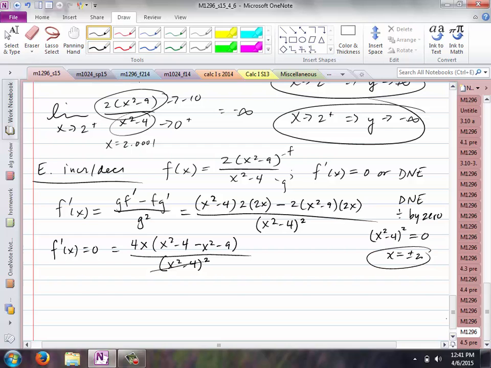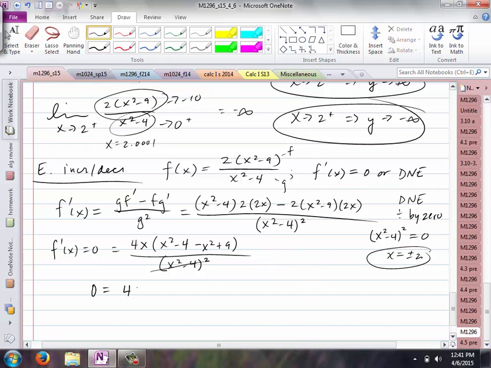What's that? Oh, thank you. I forgot to distribute my negative. Thank you very much. Okay, so it's minus x squared and then plus 9 when you distribute the negative. All right, now simplifying on top. Actually, I can get rid of the bottom, so let's just write the whole equation, sorry.